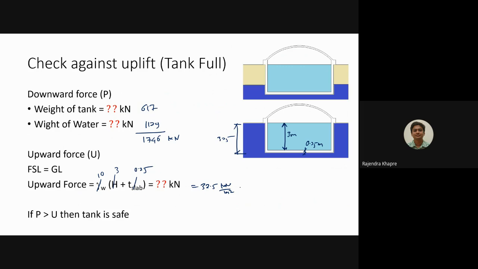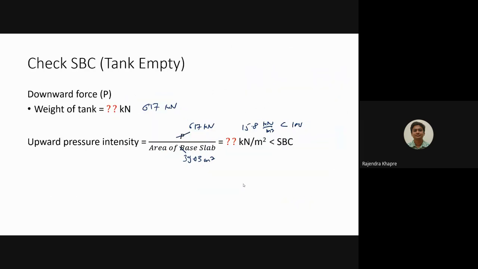So this will be multiplied with the cross section area of the slab. So slab का cross section area कितना है? We have already calculated this. It is 39.03.